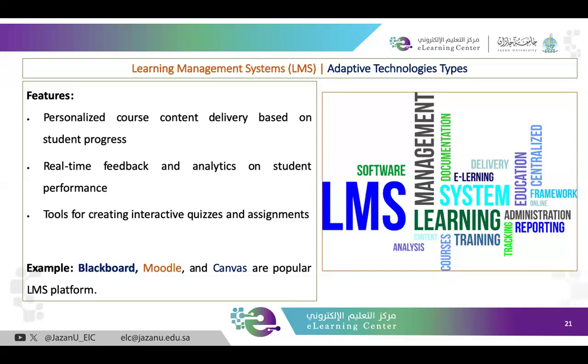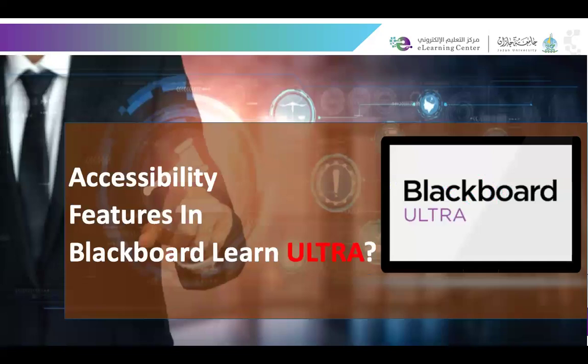Blackboard is one of the LMS systems which is mostly used in Saudi Arabia. In our university, Jazan University, we are using Blackboard, and Blackboard has a very diverse range of features. Blackboard Ultra is an advanced version which gives you more opportunity and more features to make your content more accessible, more engaging, and empowers educators to create content.